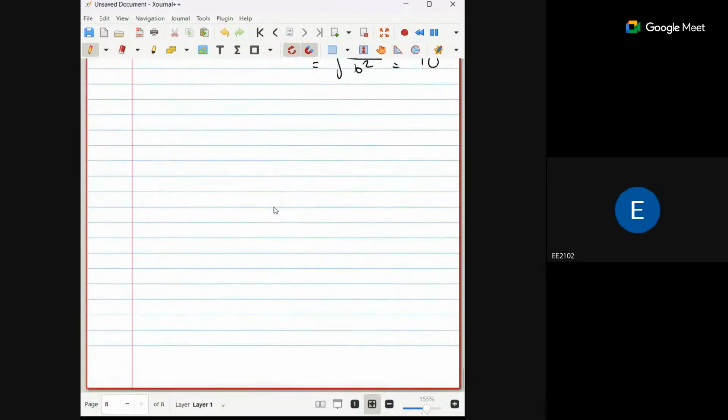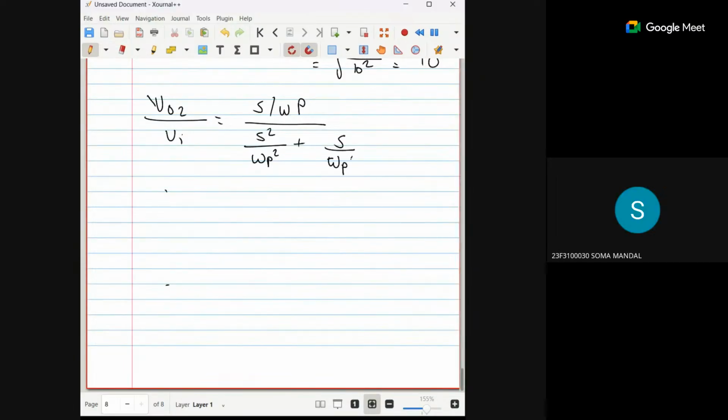So for that, V naught 2 upon Vi becomes S upon omega P plus 1, S square upon omega P square plus S upon omega. V naught 2, we can write V0 equal to minus C2 by R into V naught 2.